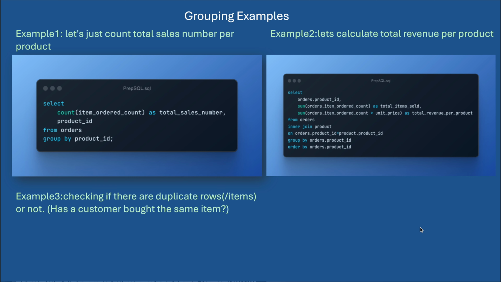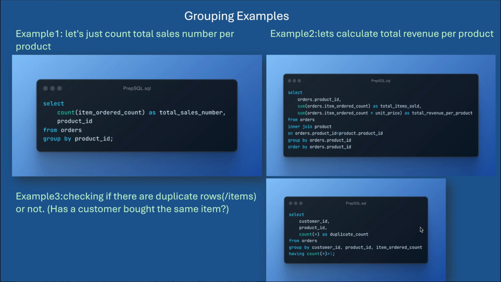Likewise, if we want to check for duplicate rows, we can also do that. For instance, has a customer bought the same item or not? To do that, we select customer ID, product ID, and count asterisk as duplicate_count from orders and group by customer ID, product ID, and item order count.